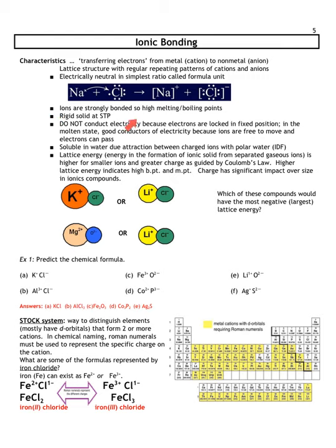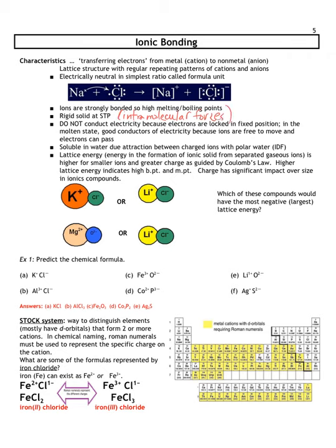Ions are strongly bonded, so they have high melting points and boiling points. They tend to be solid at room temperature because they're bonded through, recall, the intramolecular forces.